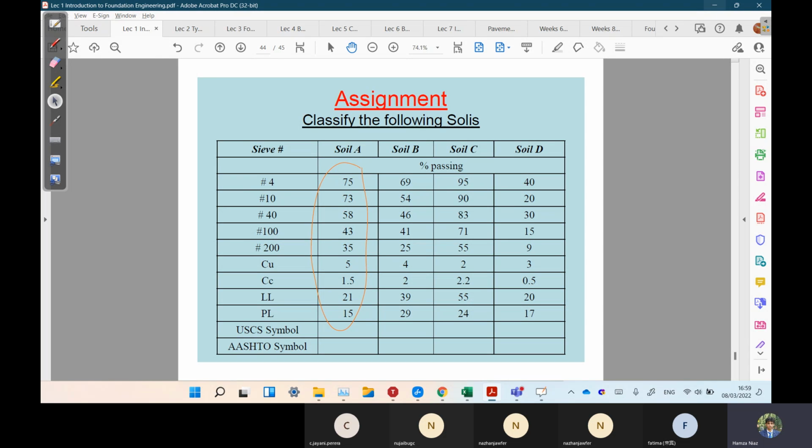First, we require gradation of the sample, the result from sieve analysis test. The second we require is plasticity and liquid limits. We have to perform the test for plastic limit and liquid limit also. These two types of tests are required, and let's start with this one.